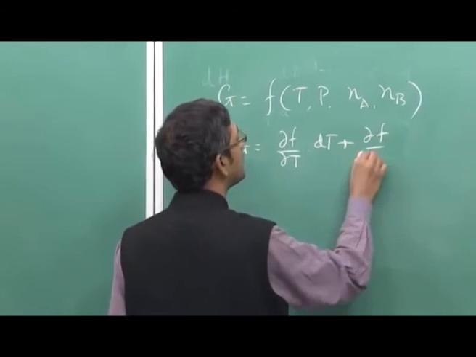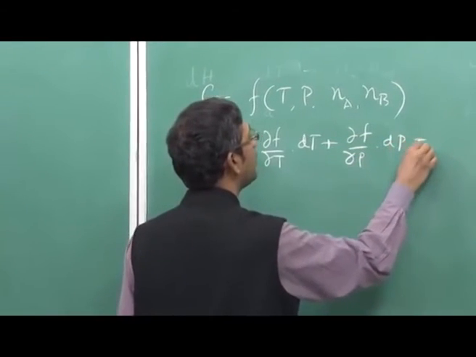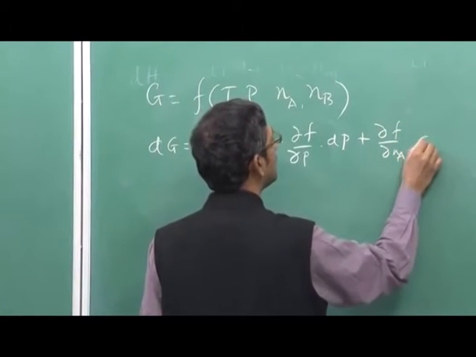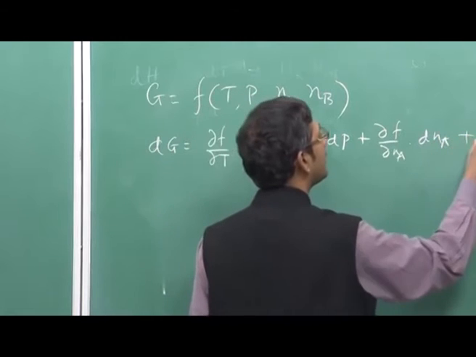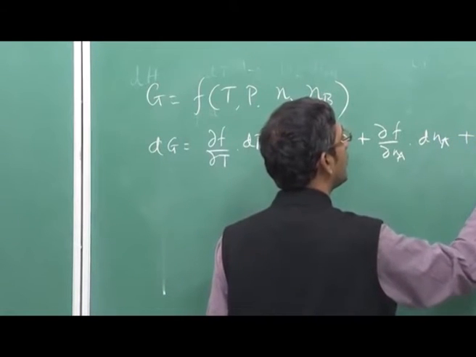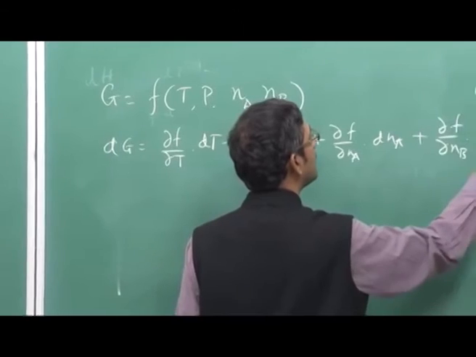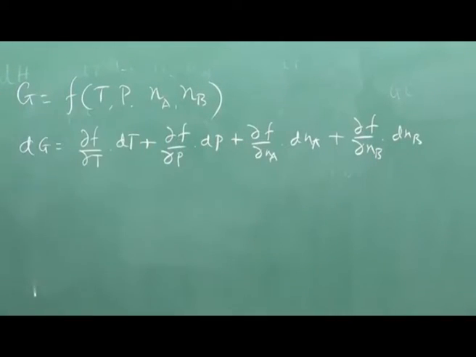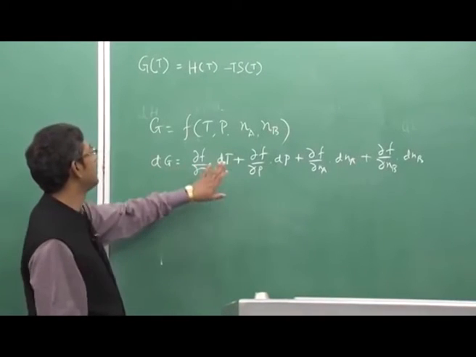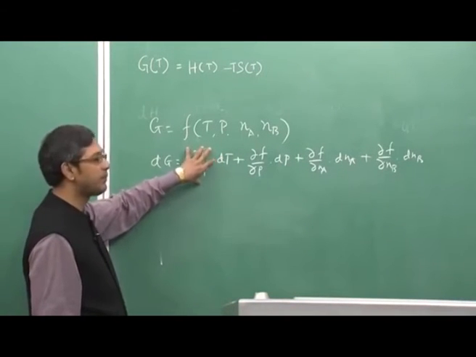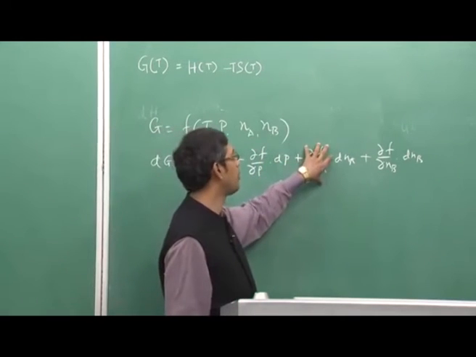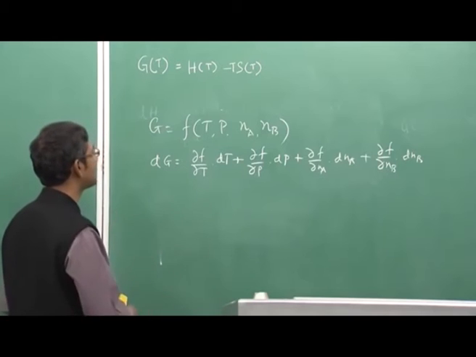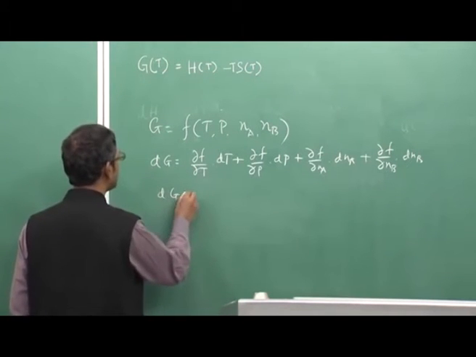Similarly for pressure, similarly for composition, for A and for B. Let me rub this out also so that you can see clearly. So that means the total differential is the differentiation of G as a function of temperature, pressure, number of moles of A, number of moles of B.